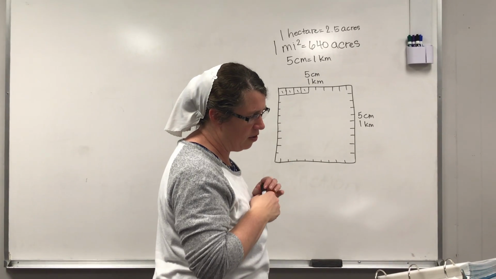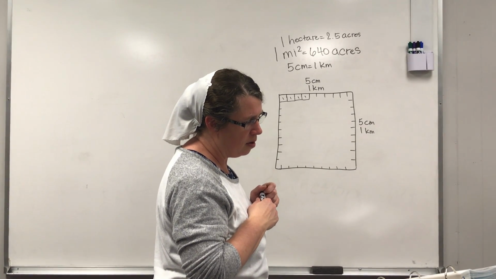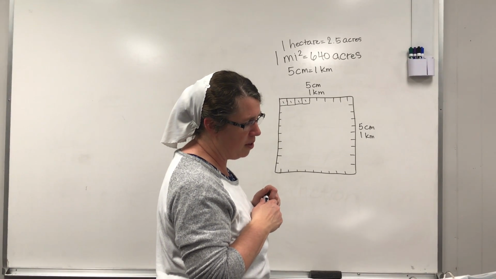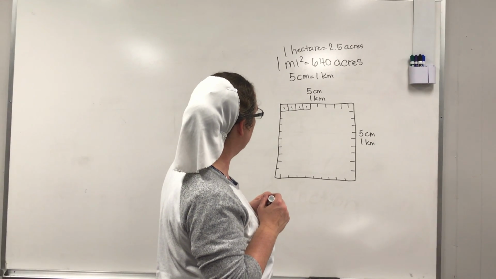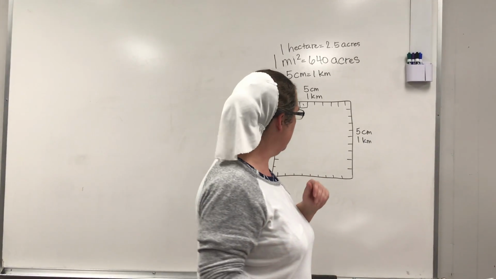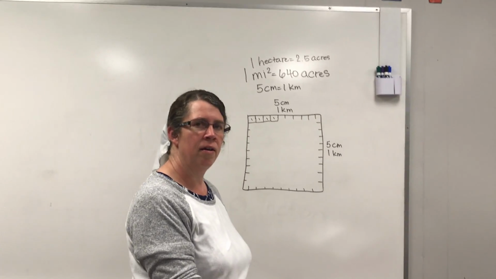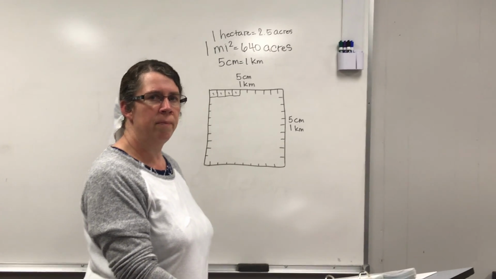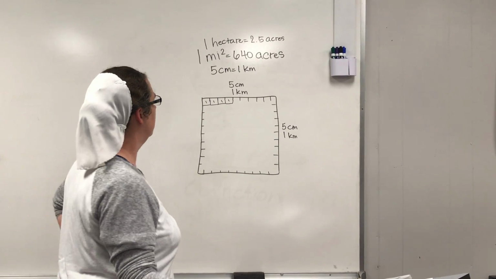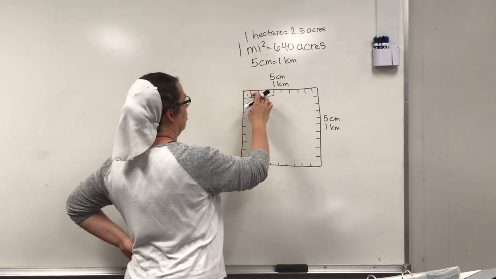Destiny, how did we get 100? They represent land that measures how many meters on each side. How many meters are in a kilometer? Because it's 1,000 meters in a kilometer, and you have 10 little squares. So then each square, the little section measures 100 meters.